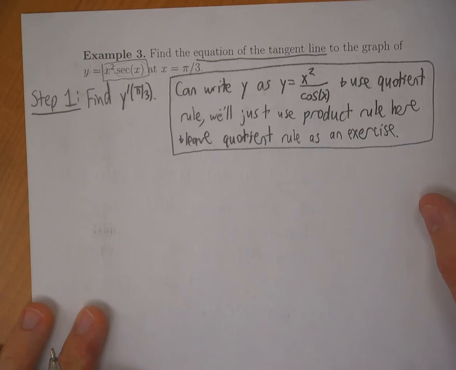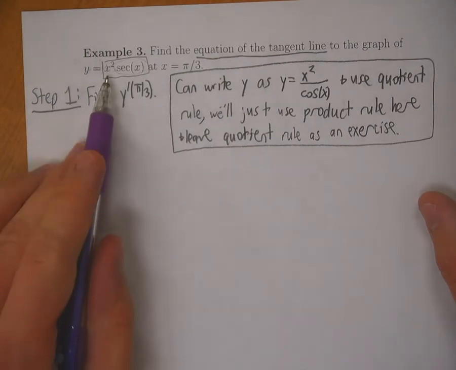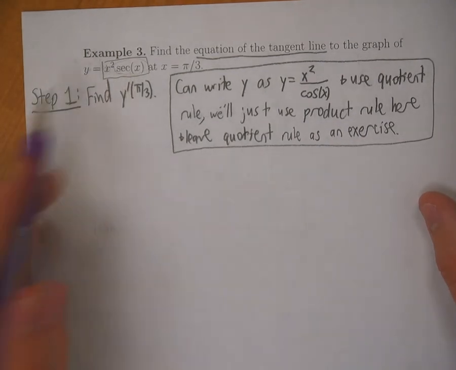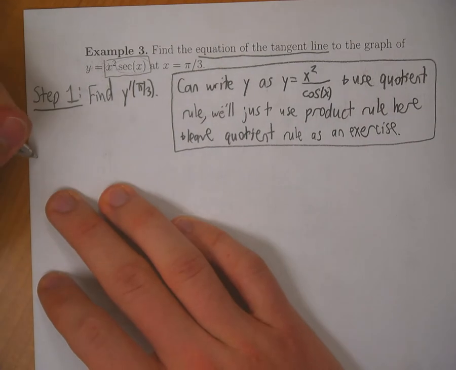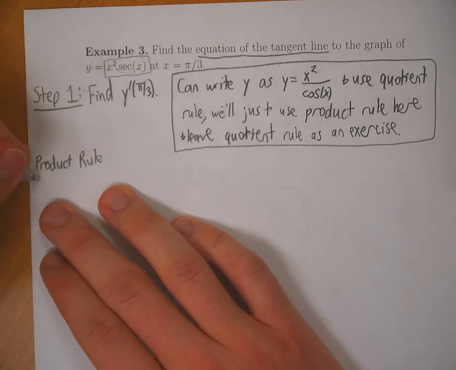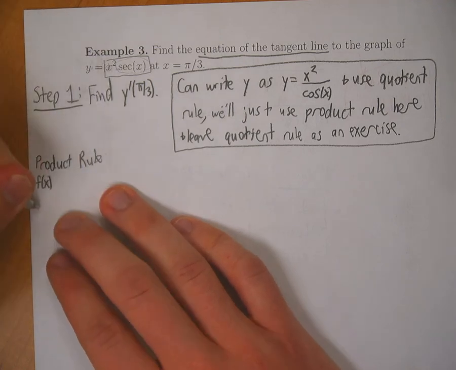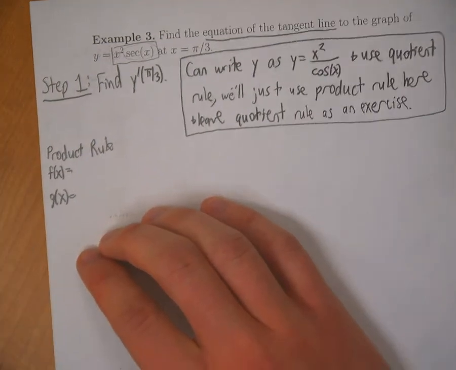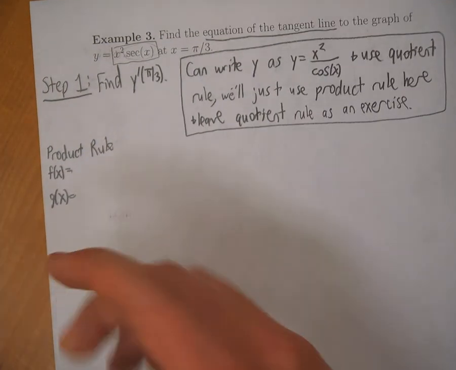Okay, so if we were to use product rule on this, we need to identify the correct f and g. So what would our f and g equal in this case?